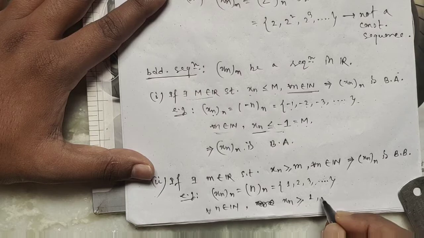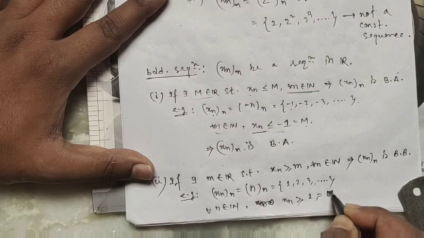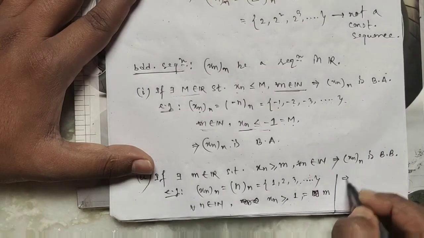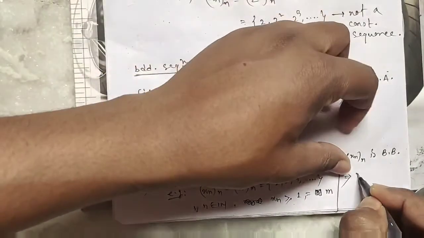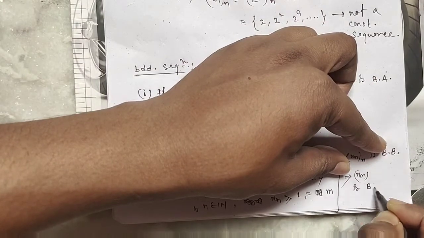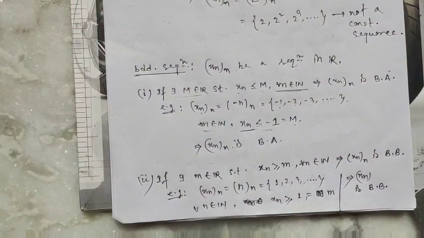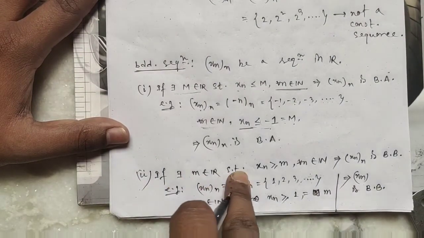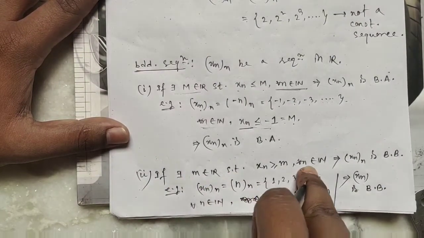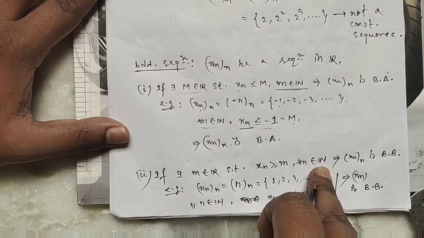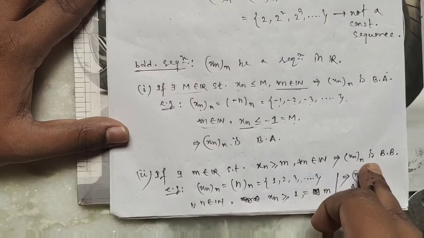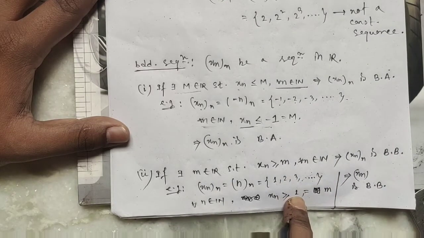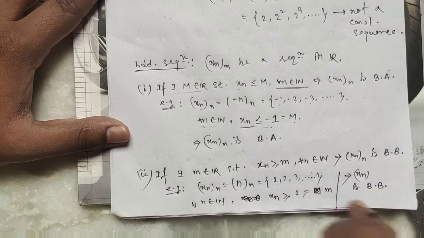We take this as small m. So this implies the sequence xn is bounded below. If there exists small m belongs to R such that xn is greater than or equal to m for all n belongs to natural number, then we say that the sequence xn is bounded below. For example, this one is taken as m.